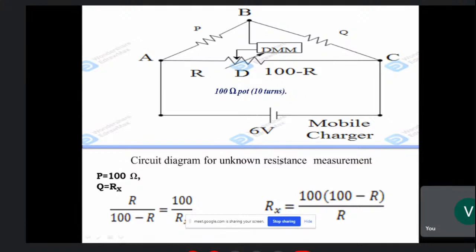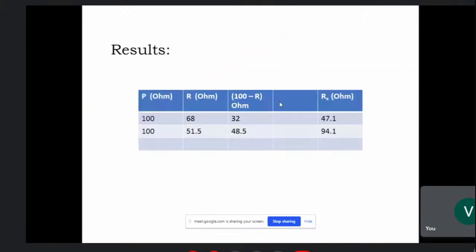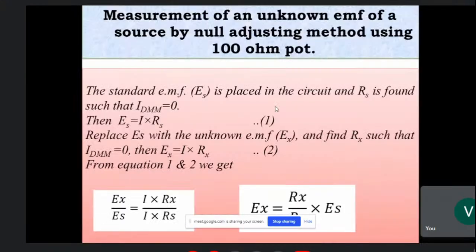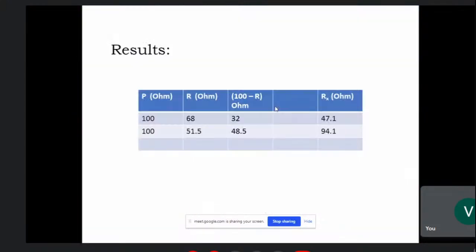So it is a very useful pot for the determination of unknown resistance. And also the second part of this.